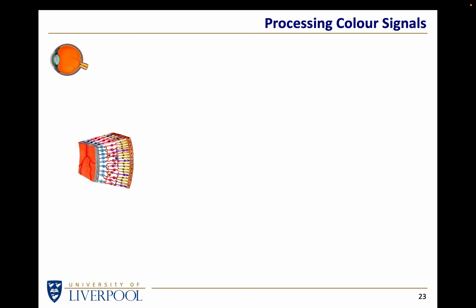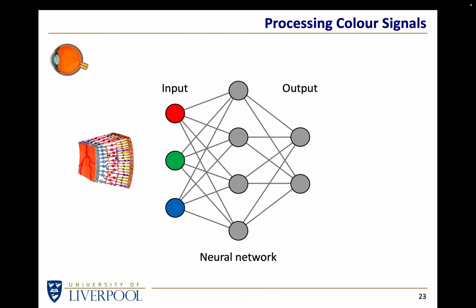It is rather different. The photoreceptors and the neurons are such that the photoreceptors will pick up the red, green, blue light. But even before it goes to the brain, those data will go through a neural network.